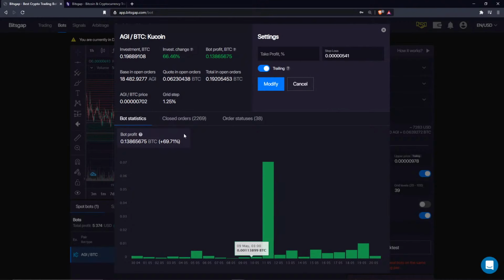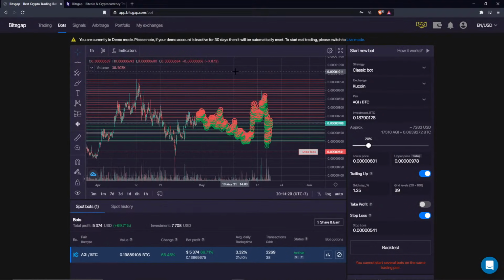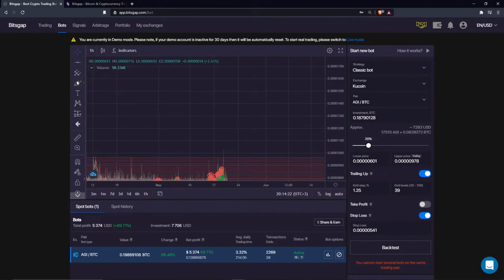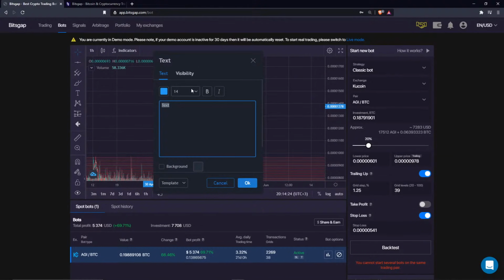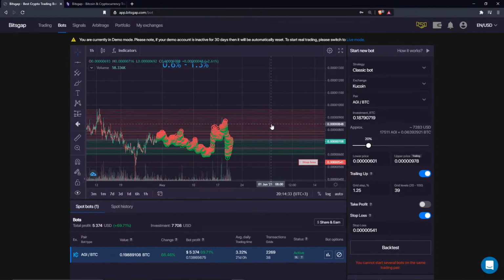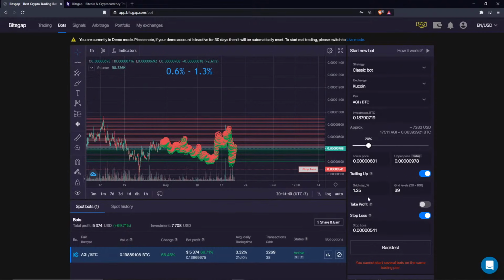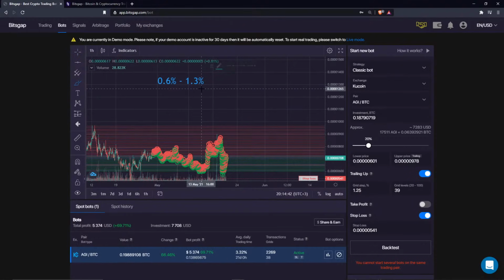Figure out which grid step is the best for you. For the rest of you who have not left yet, my best trading range for the spot market is from 0.7% to 1.3%. Whenever I set the trading range, I make sure that my grid step is around this area, because this brings me around 30% per month.